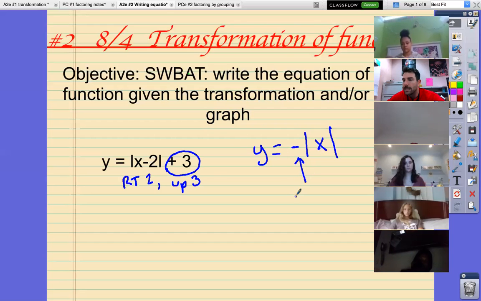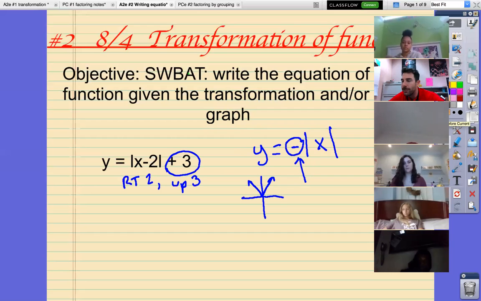What do you mean make it positive? So just to run you through this again, what the normal parent function looks like is something like this. Anytime I have this negative out in front, what does that do? Let's see, Darius took a chance, so let me ask somebody else.